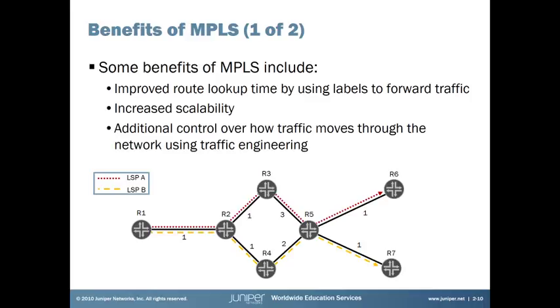How does an IGP forward traffic? It looks at the destination address on the header and says, okay, let's look at my routing table. Where do I send that traffic? Let's find an interface that I'm going to forward that traffic out. So it does a lookup on its route table and makes a forwarding decision. MPLS doesn't do that at all. It doesn't forward based on the IP address. It forwards based on this thing called a label. So we'll get into that and see how they work.